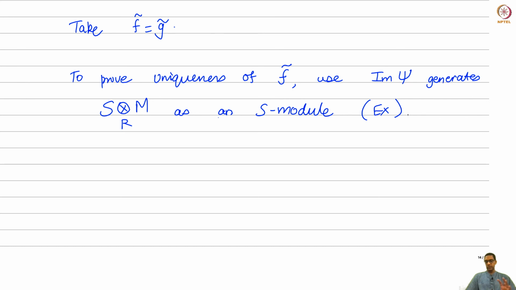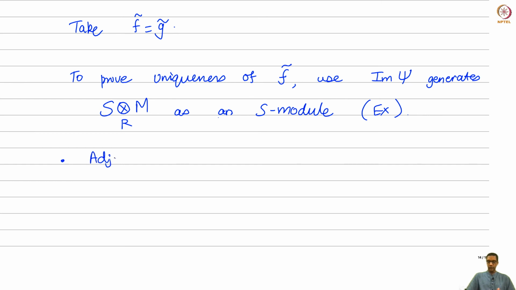It's exactly the object you will construct such that every R linear map from the original module M to some S module factors uniquely through this extension of scalars module. Okay, and let me make a couple of concluding remarks here.